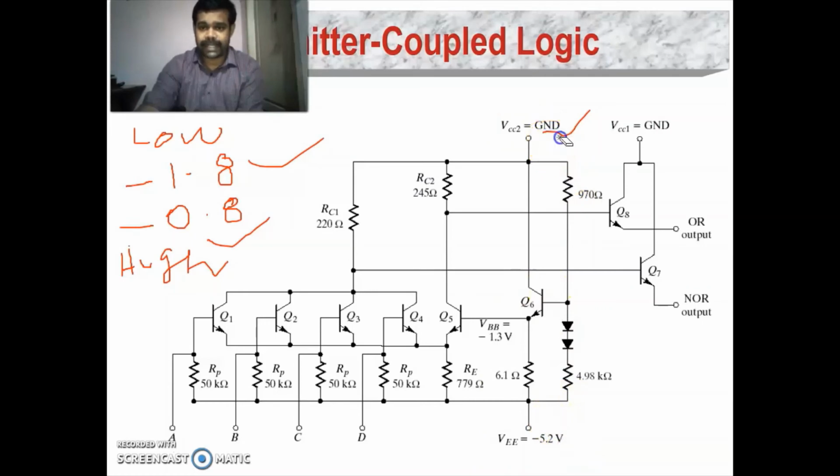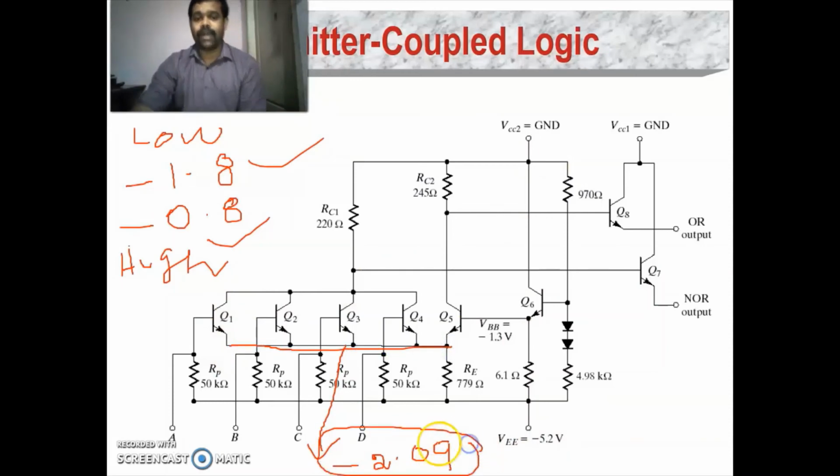Due to this biasing, at this emitter the voltage you are having initially is minus 2.09.